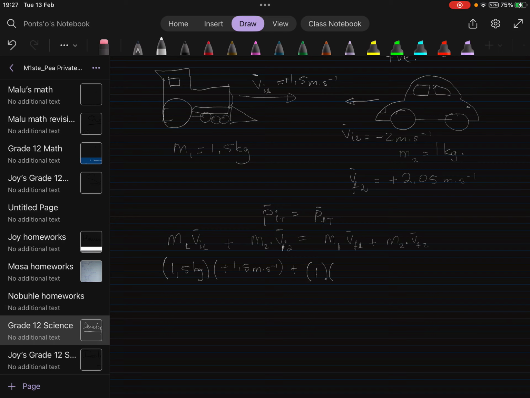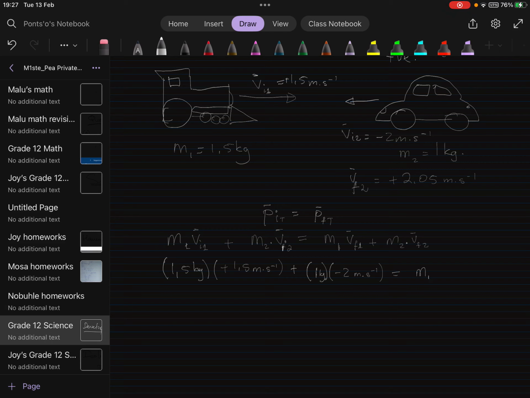Now we have to add that to the mass of object 2, which is 1 kilogram, and we multiply that mass of 1 kilogram with the initial velocity of negative 2 meters per second.